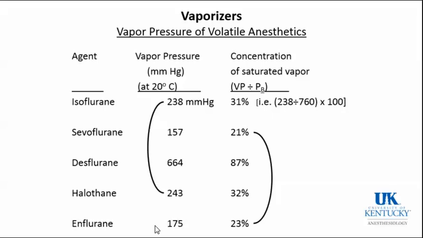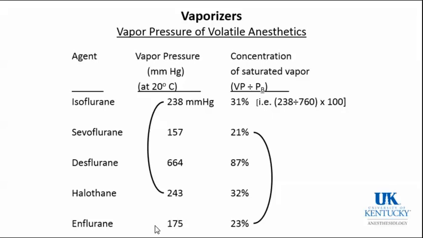So all of the vaporizers work by mixing a certain amount of gas that is going past the vapor, which has these concentrations in it, with the fresh gas flow to generate the percent that you want. So as you can see, if you want 2%, you'll take a small amount of this and add it to a large amount of fresh gas flow to generate 2%.